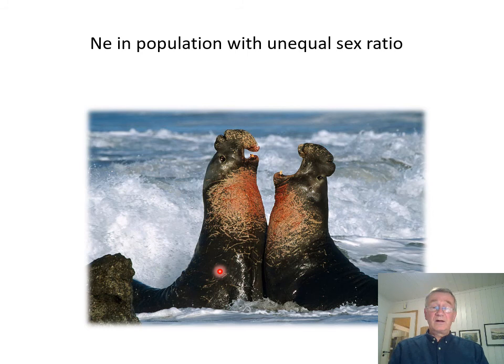They are competing and making sure that only a few males will breed with a lot of females. That means that the effective population size is very low compared to the census population size.